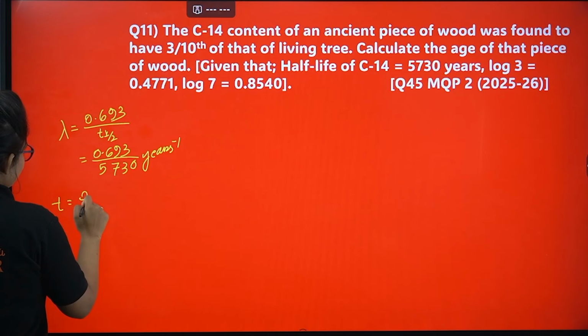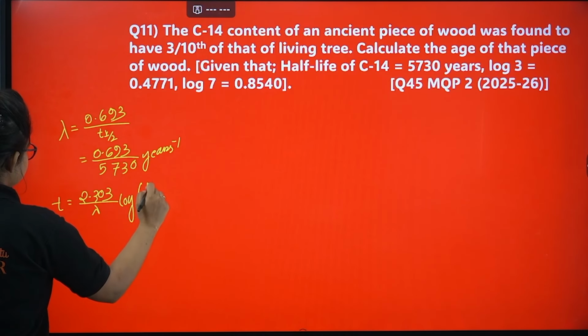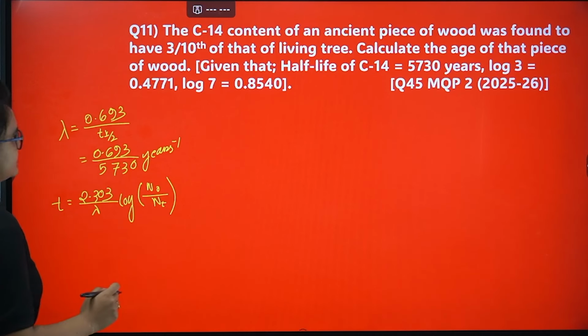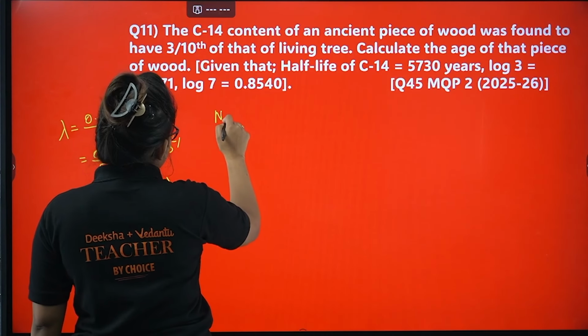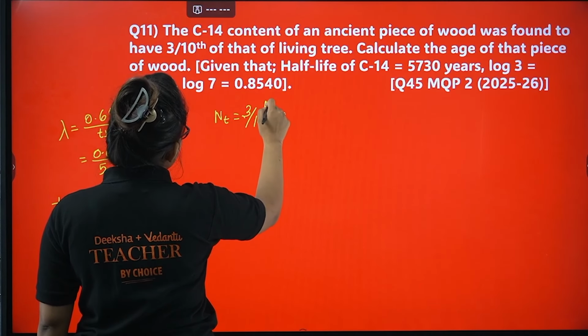So t equals 2.303 by lambda into log N0 by Nt. What they are telling is that Nt equals 3 by 10th of N0.